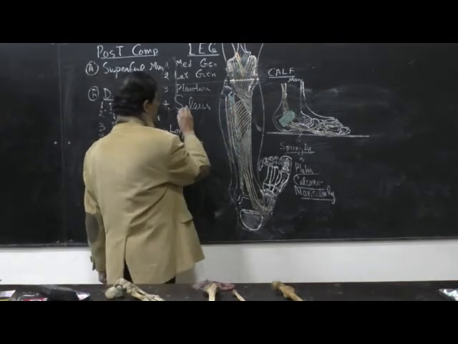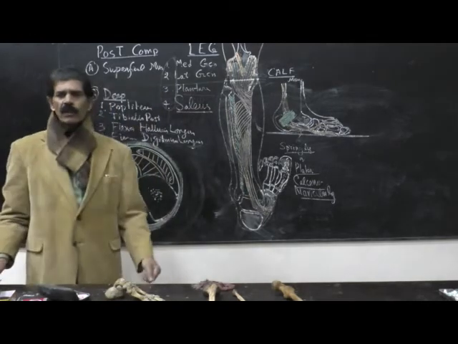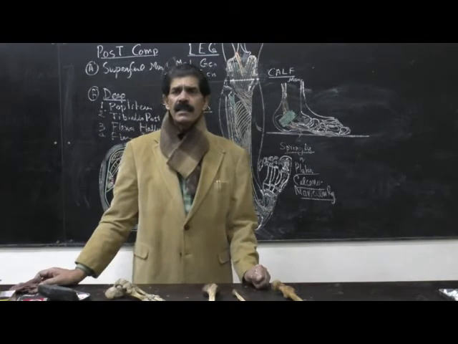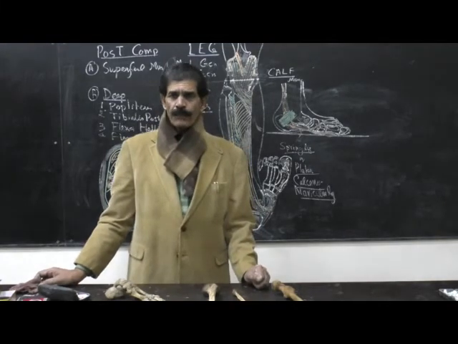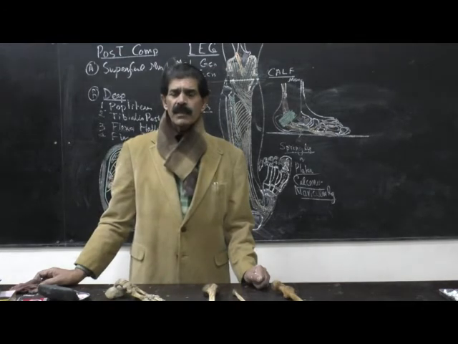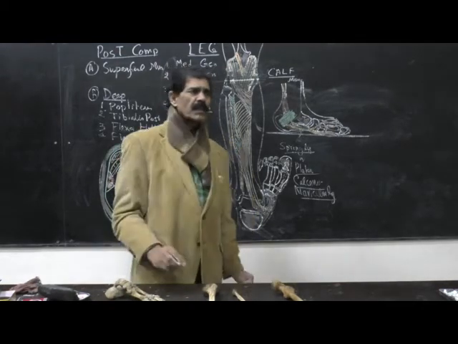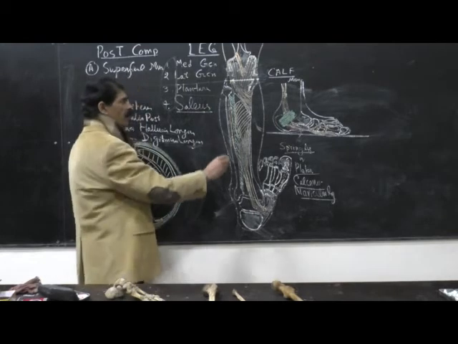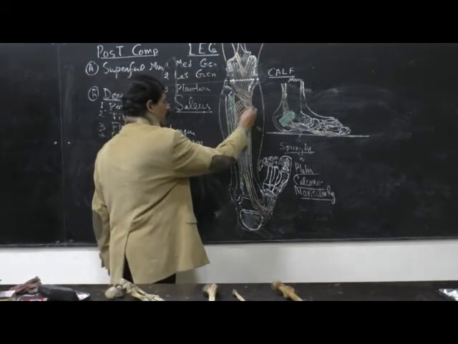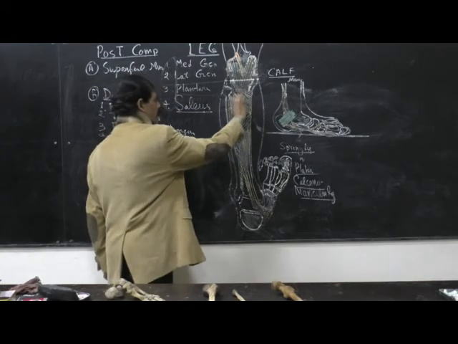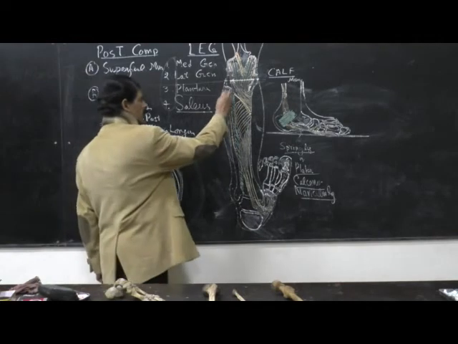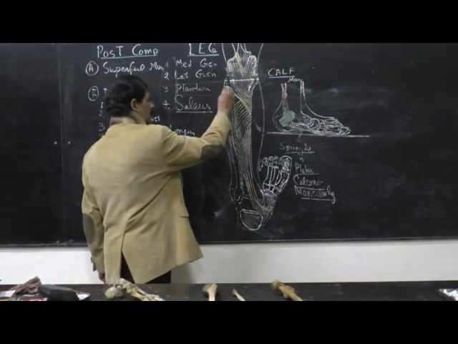Then comes the soleus muscle. The soleus is so called because it resembles the sun rays; the word soleus is derived from the sun-like appearance of this muscle. This muscle takes origin, number 1, from the soleal line or spiral line on the posterior surface of the tibial shaft. Number 2, it takes origin from the posterior surface of the head of the fibula.